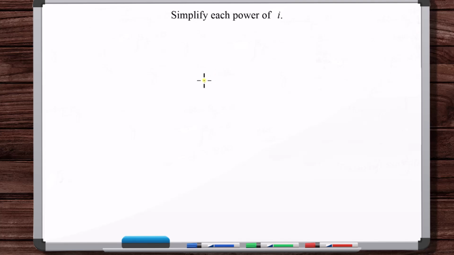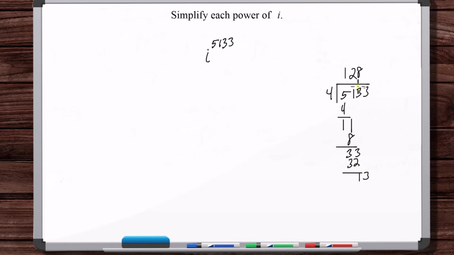Now let me give another example with something like i to the 5,133. What would this be? We just do 5,133 divided by 4. So 4 times 2 is 8, 8 times 4 is 32, 4 times 3 is 12, and we have a remainder of 1.